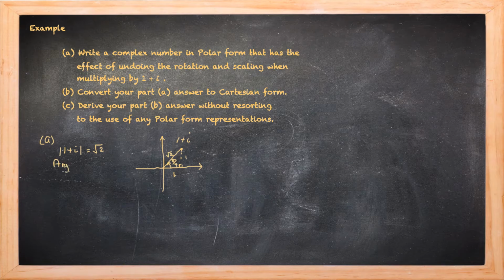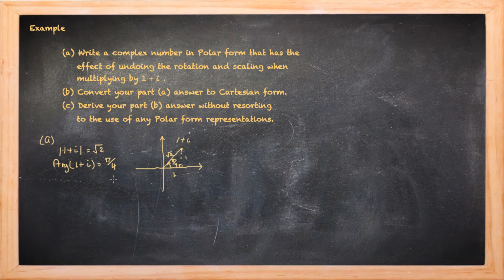So the arg of 1 plus i is pi upon 4. So multiplying by 1 plus i will scale a complex number by root 2 and rotate it in an anti-clockwise direction about the origin by pi upon 4.